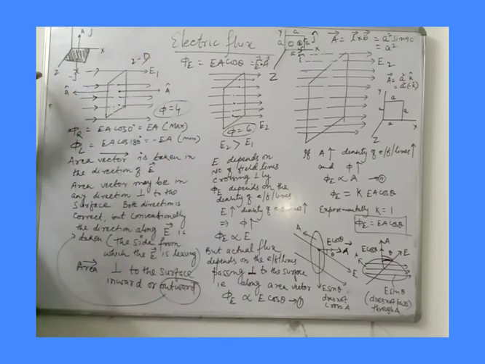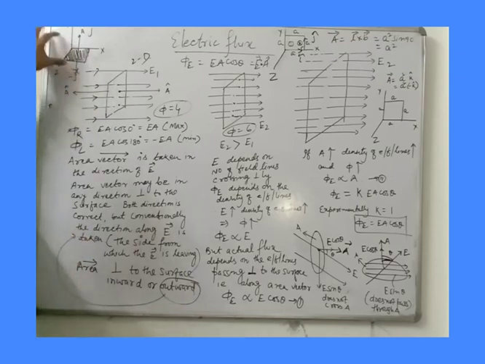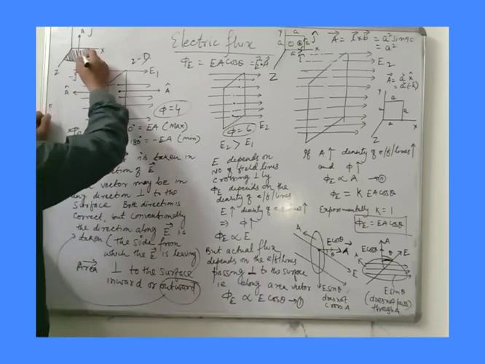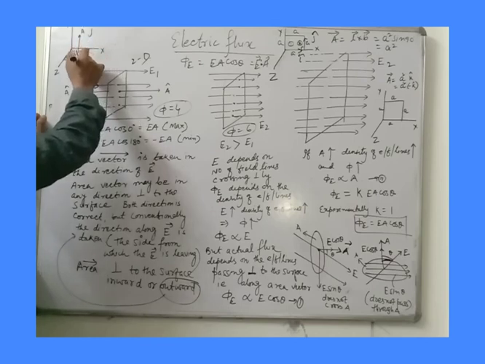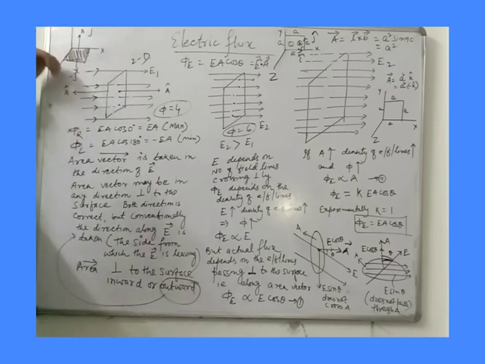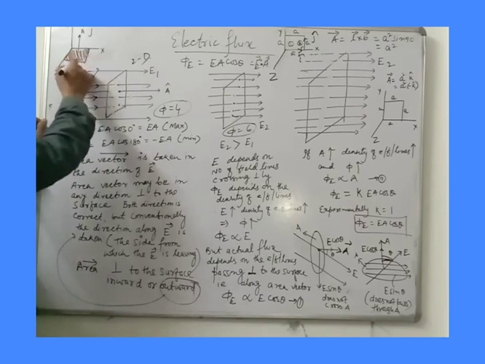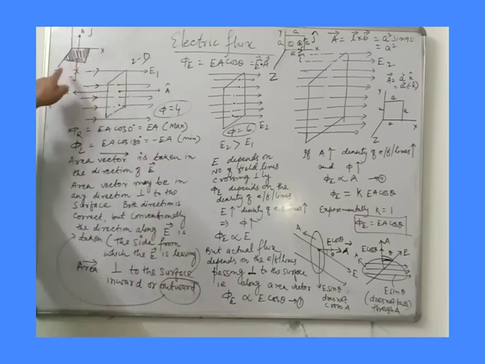If it is a three-dimensional figure, or if you plot in x, y, z coordinate axes, then the area vector will be perpendicular to the surface, either towards positive y or towards negative y.